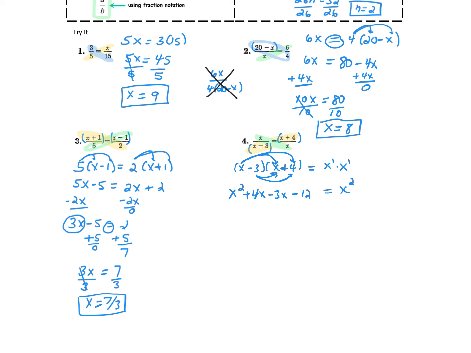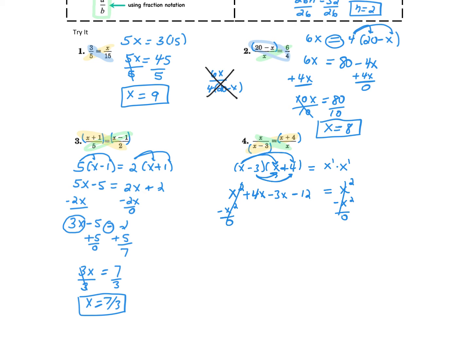Okay, now in algebra you always try to get your like terms together, and when I move the x squared to the other side by subtracting it from both sides, what happens is that they subtract to 0. So we don't have any x squareds anymore.